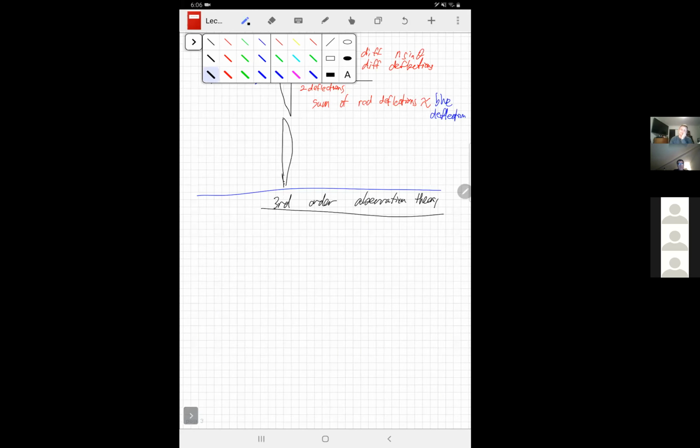Okay, and let's see. So if we had an ideal lens, then if we had a point object here, every single ray would go to the same place.